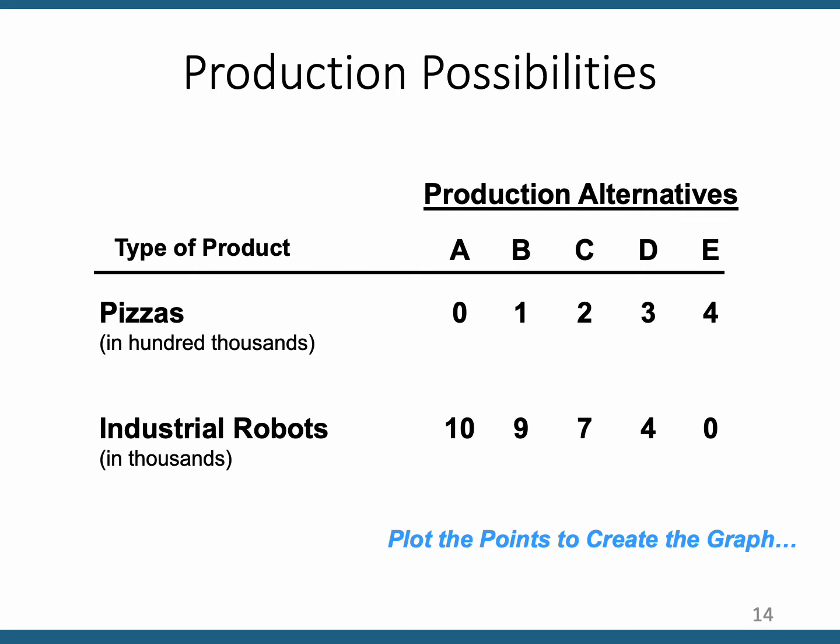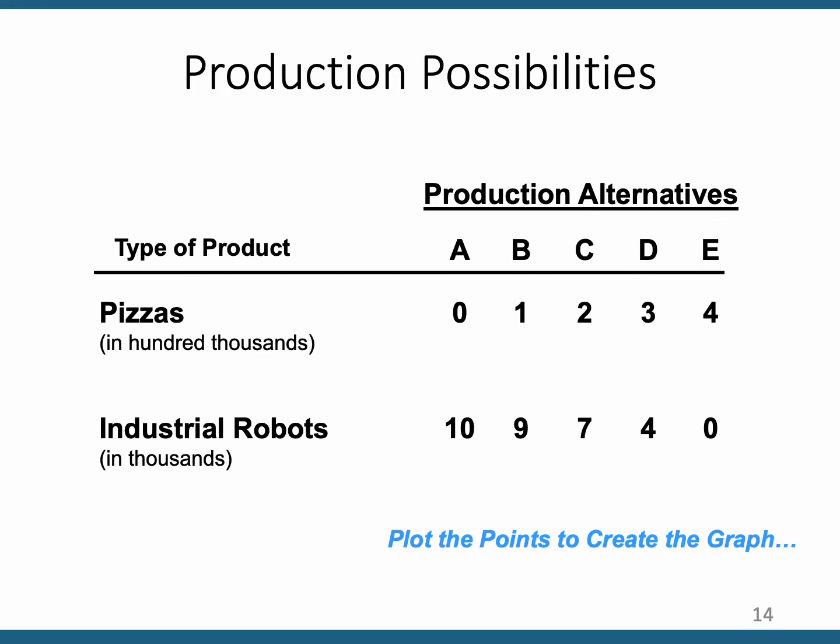But look what happened to your robot production. You had to give up some robot production, right? Remember that one of the lessons of this model is opportunity cost. So you could think of the opportunity cost of those 100,000 pizzas that you gain per week as being 1,000 robots.